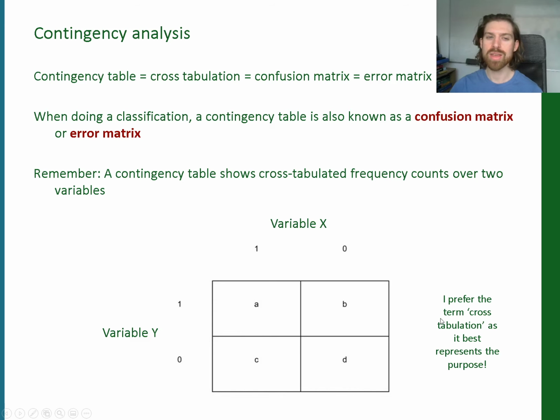And actually, I think that I prefer the name cross-tabulation, as I've just put this little note down here, because that gives you the best indication as to what you're doing when you're creating these contingency tables. It's more illustrative of what you're actually doing when you're creating these types of tables. So this is essential, basically, in order for us to actually calculate the test.